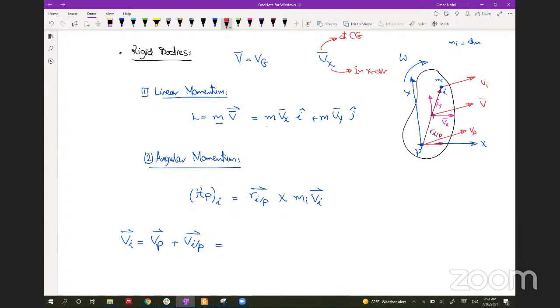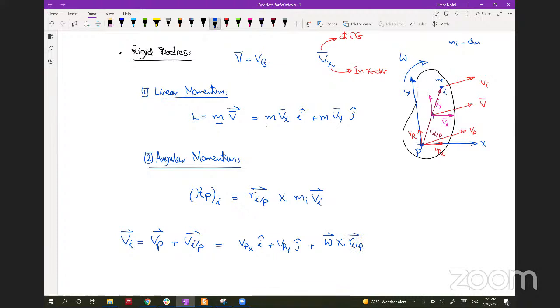It has a v_Bx and v_By. So we will have v_Bx in the i hat plus v_By in the j hat. And we know that the relative velocity is equal to omega of this body crossed by r_i with respect to B.